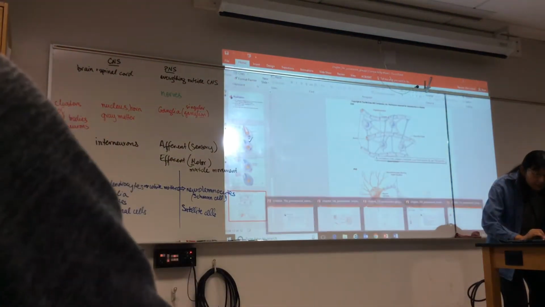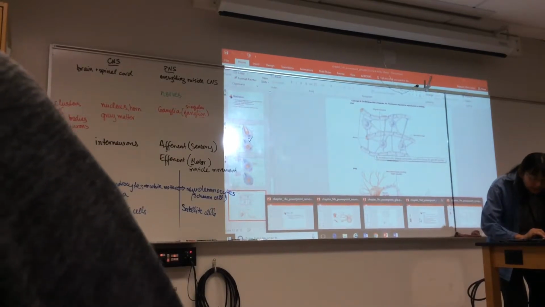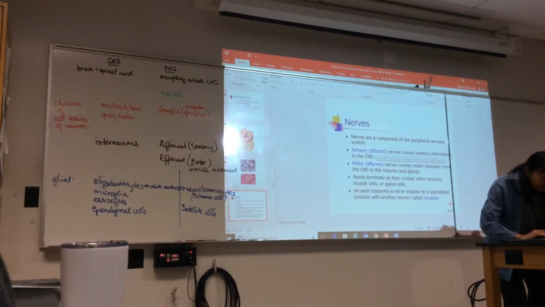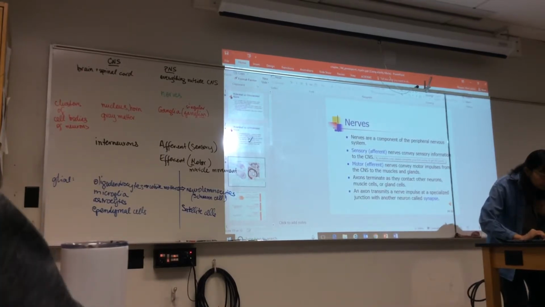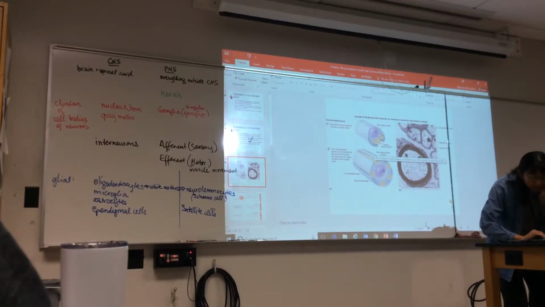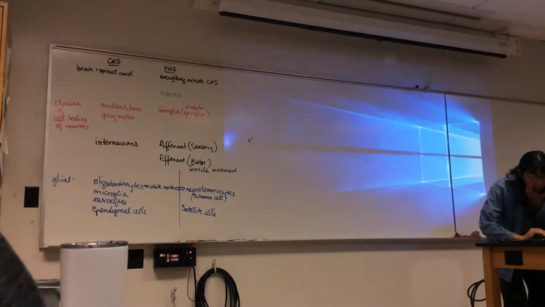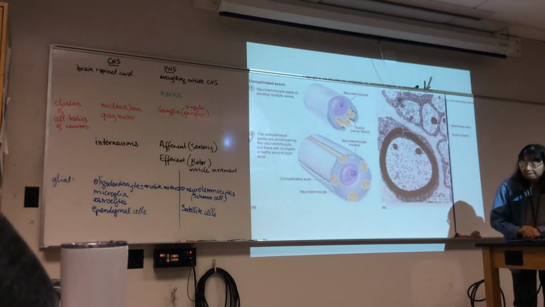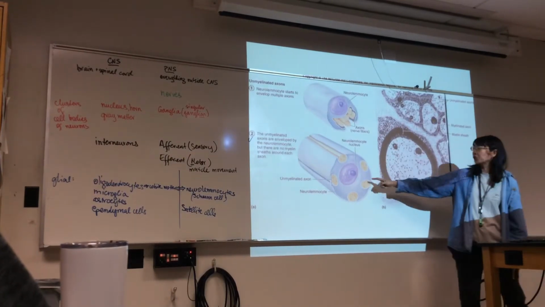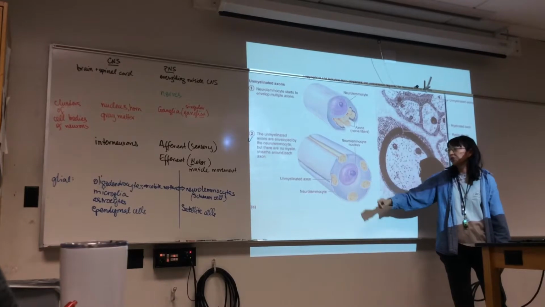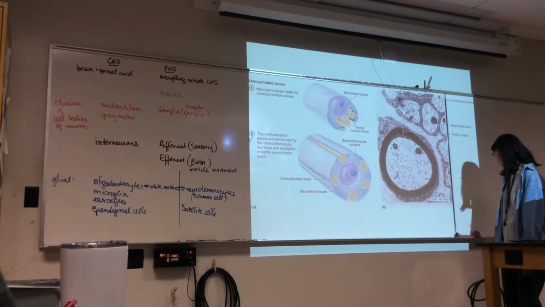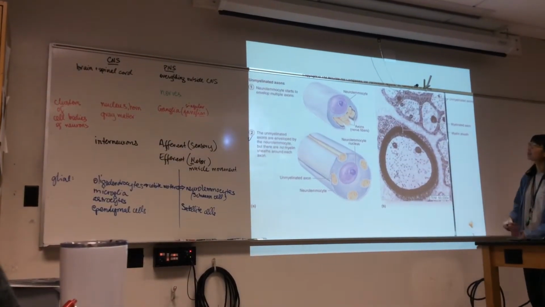Let's move on. So continuing on the same deal here, I know it's a little confusing, but I want you to pay attention to the details. Do you see myelin sheath around these axons, yes or no? Remember, what's the definition of myelin sheath?